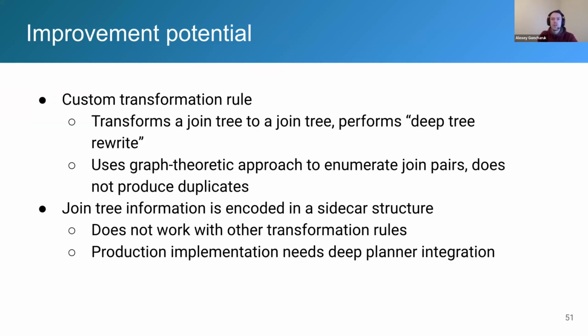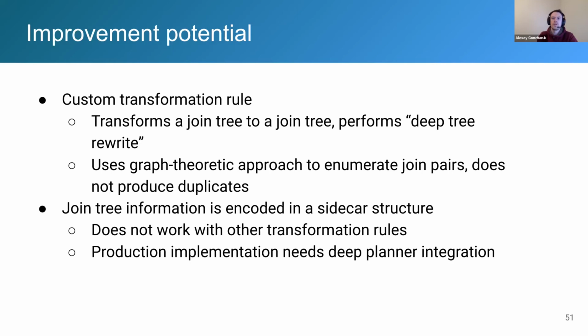And essentially what happens is when you execute a rule on a join relation, you do this top-down enumeration and you produce all alternative joins without any duplications. And what happens is that the number of rule invocations becomes equal to the number of joins that will be produced.